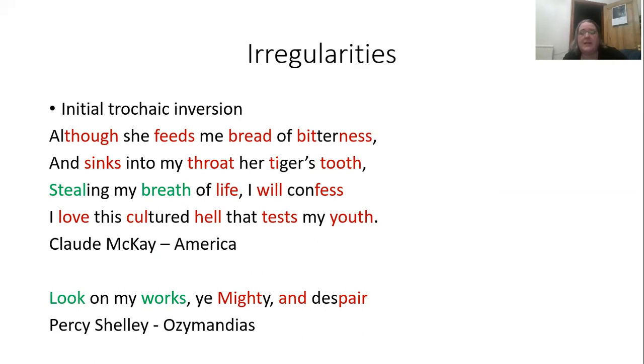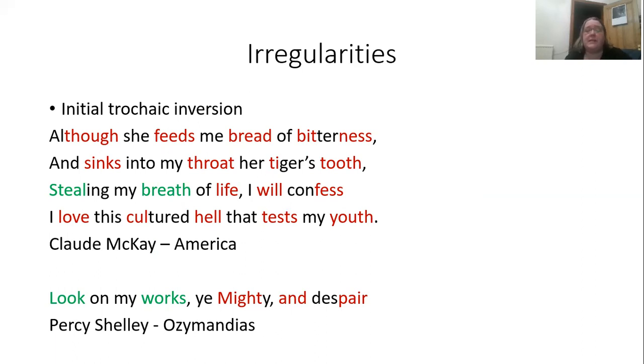We have quite clearly here an iambic meter, an iambic pentameter indeed, but we do have some irregularities, particularly in this third line. This is what we call the initial trochaic inversion.